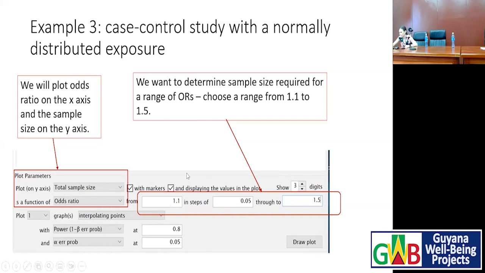Let's go as low as 1.1 and up to 1.5, a little higher than we had calculated before, in steps of 0.05, so I can get some different values there.